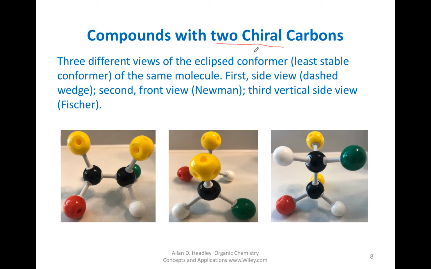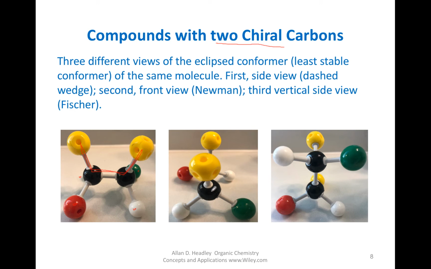So let's look at these 3 projections here. This is the dashed wedge. So these atoms here are in the plane. This is in front and the white is in the back. This is in front and that's in the back. So that's your dashed wedge representation.